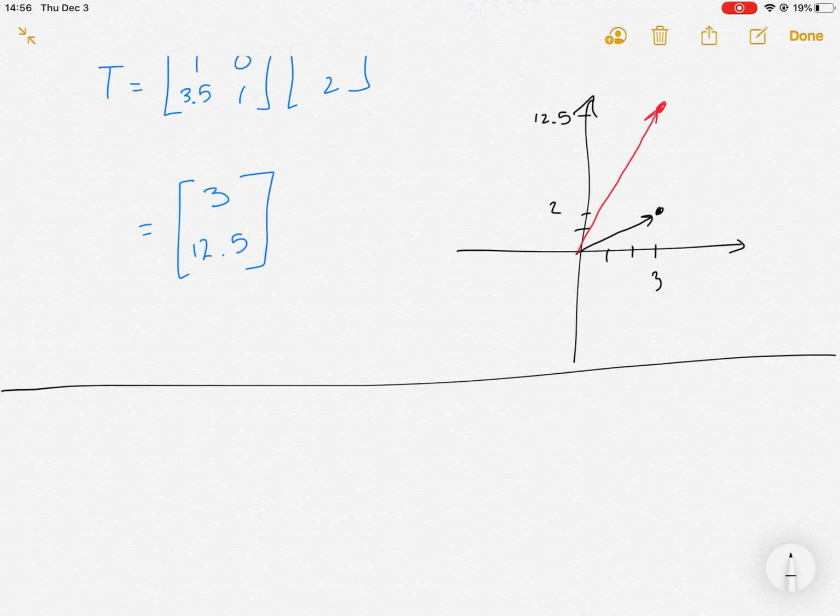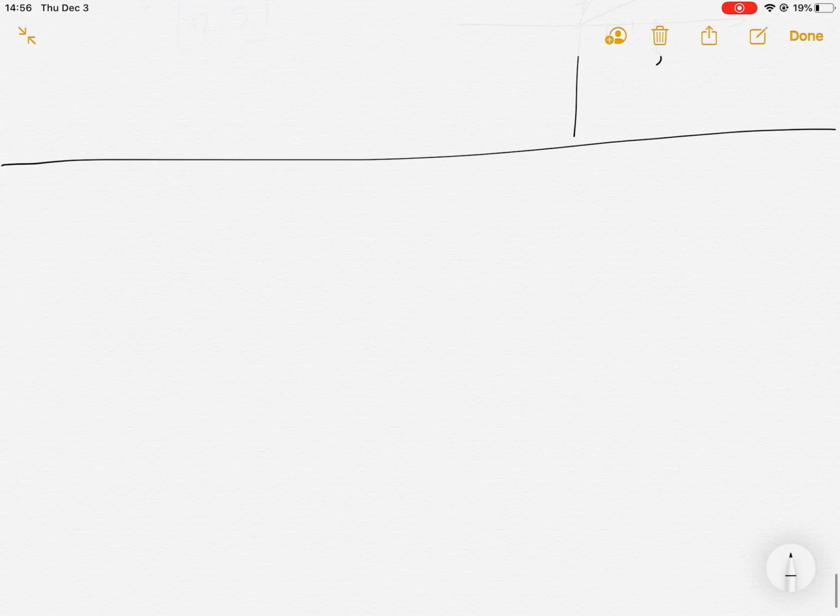What I want to do next to kind of finish this section off is a typical problem you'll see in Delta Math. So what we're going to do is a couple different things.